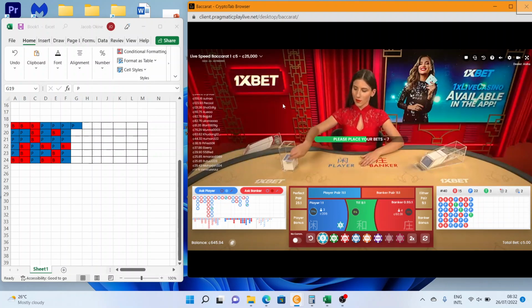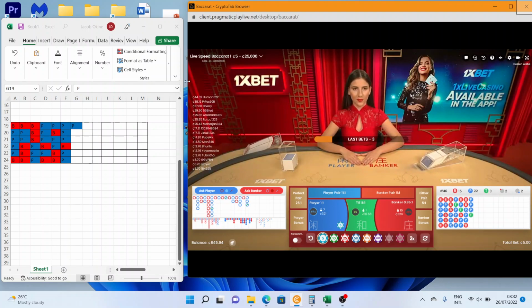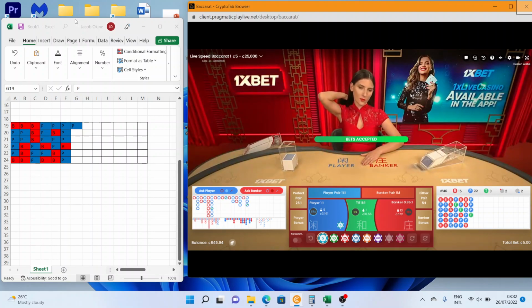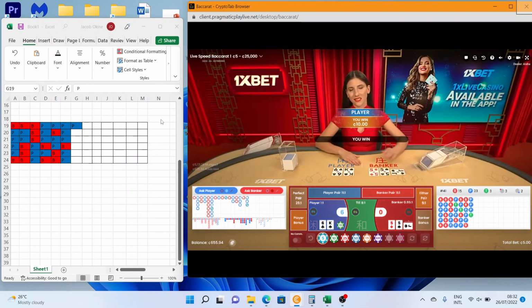So you can just open a live table like this. Please never use any of my strategies on an RNG, I mean random number generator tables. Please only play on live tables.